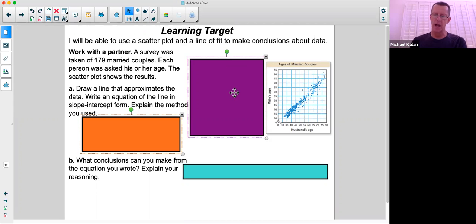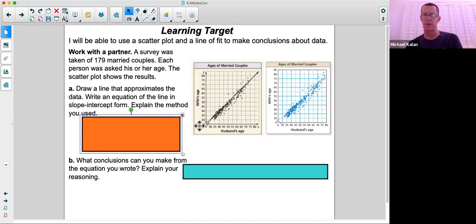What I did was draw mine to go through the data as much as possible. You see I have my line, what we call a line of best fit, even though it's really kind of an array. Most of the data is really close to it, with some on both sides. To figure out my equation, what's my y-intercept? It looks like it's pretty much down at 0.